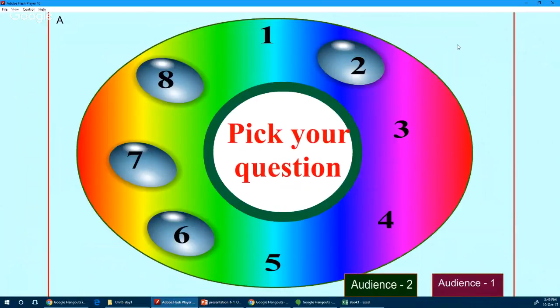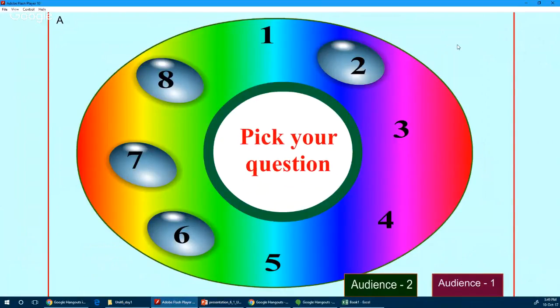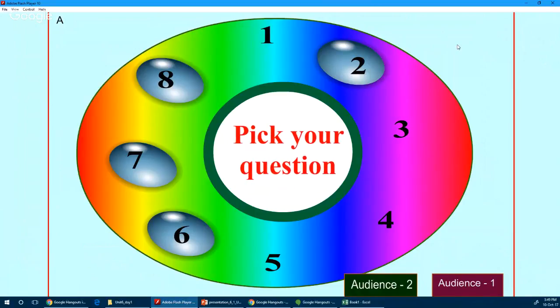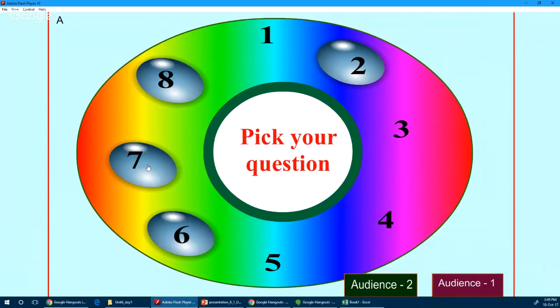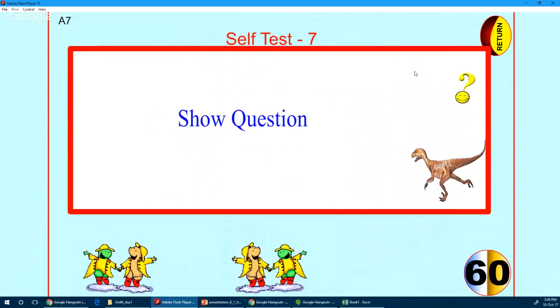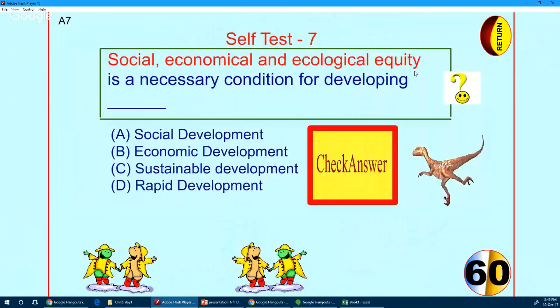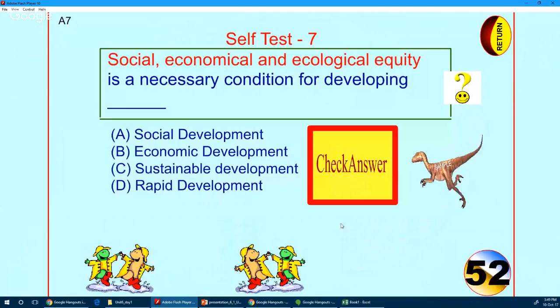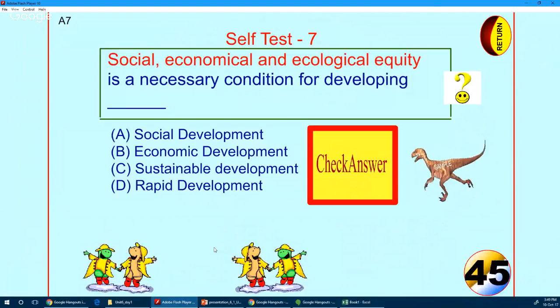You have got 4 more questions. You can pick any of the questions. You go for 7. Here is the 7th question. Social, economical, and ecological equity is a necessary condition for developing A, social development, B, economic development, C, sustainable development, D, rapid development.